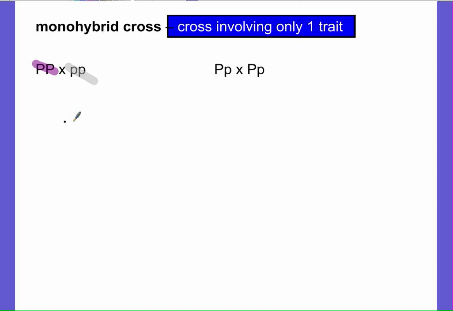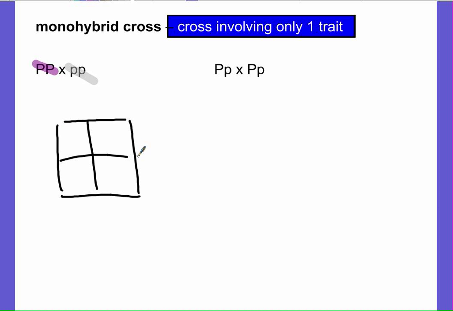In order to do one of these, you need to make a square and then divide it into 4 boxes. I'm going to put one parent on one side, so homozygous dominant here, and then put the other parent on the other side, and then I just fill through to see what results I get. I always get one allele from each parent.